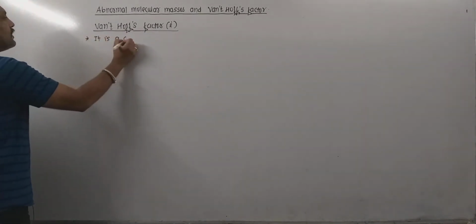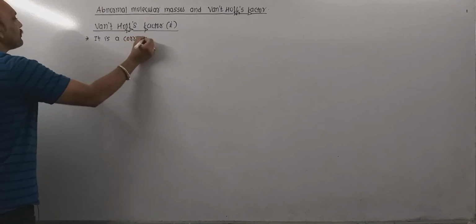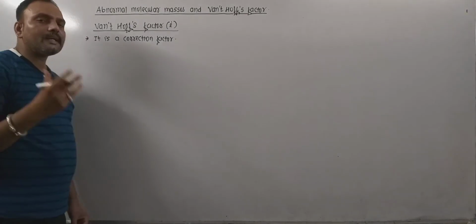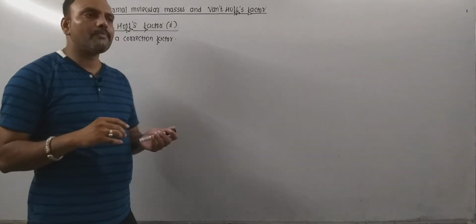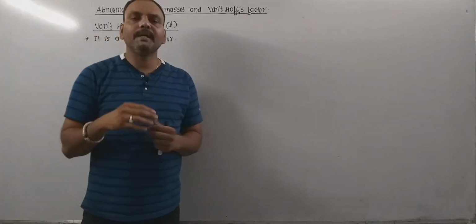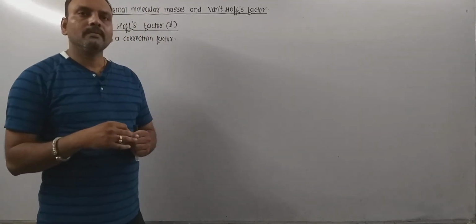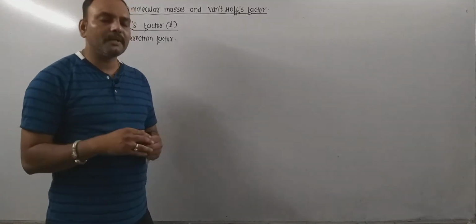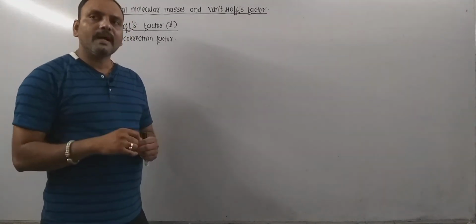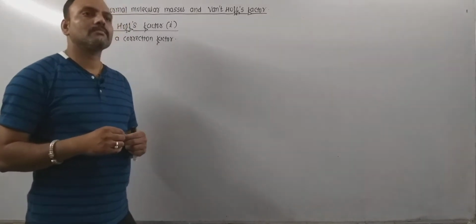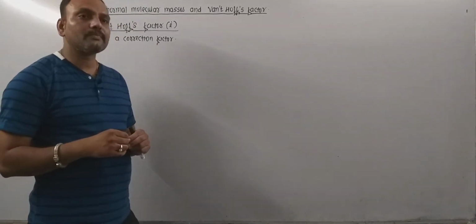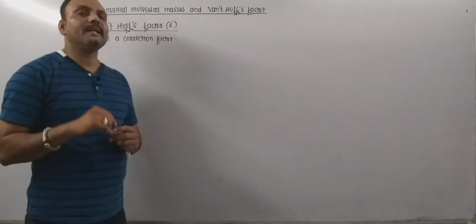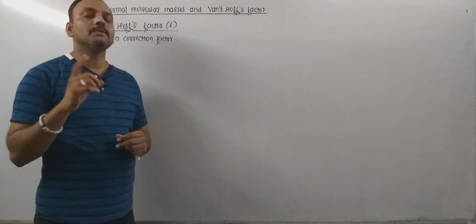It is a ratio of the observed colligative property of a solute, whether it is associated or dissociated, and the colligative property of non-electrolyte solution, provided molar concentrations are equal.